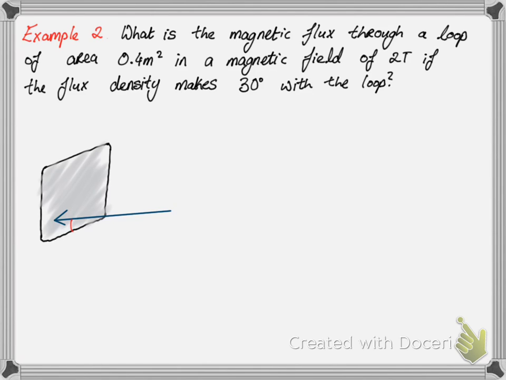So here we have an area, we have a magnetic flux density passing through, and we have an angle which is 30 degrees. Our magnetic flux density is 2 Tesla and our area is 0.4 meters squared. To make this easier, we'll take a bird's eye view of this. If I was to look directly down, this line here would represent this line there.